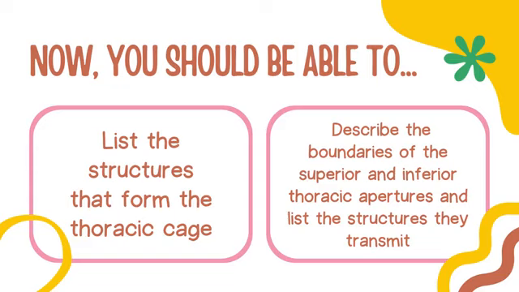And then just remember that the diaphragm is the floor of the thoracic cavity, and that structures either pierce the diaphragm or travel behind it to travel between the abdomen and thoracic cavity. We haven't actually talked about the structures yet that transmit through there. So I encourage you to pause or don't go on to the next video until you rotate around that thoracic cage and take a look and get familiar with the boundaries in VH dissector.